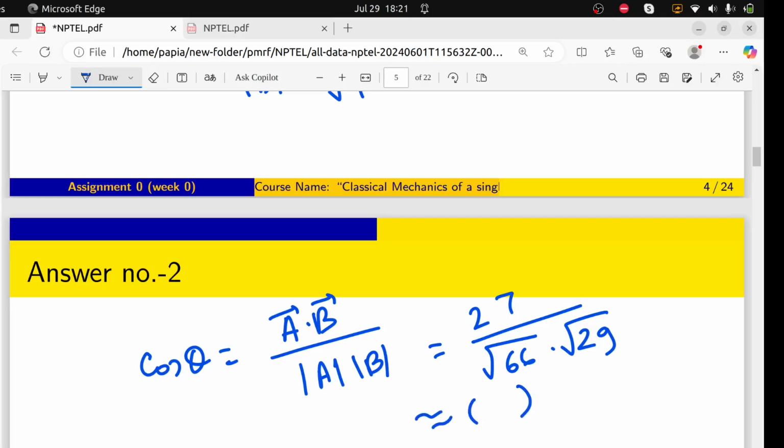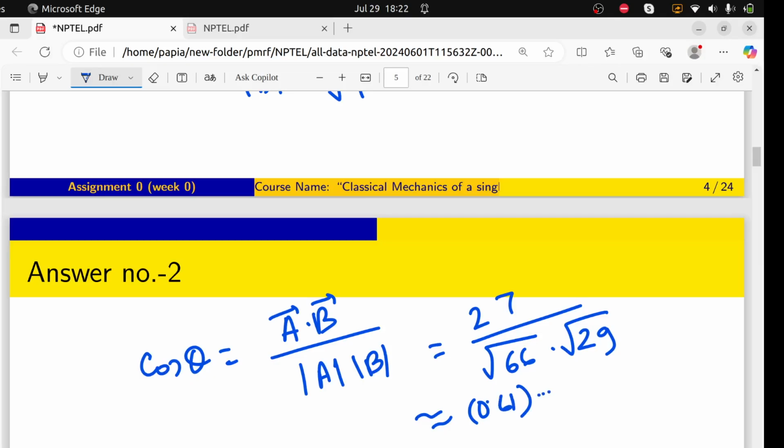Obviously it is not a straightforward calculation. You will do a little bit of calculator work. So I just want to give you the final result here, and it will be of the order of 0.61 or something.